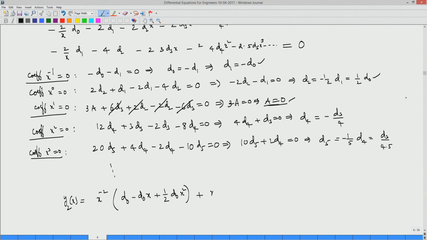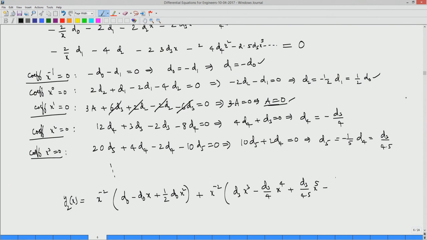The remaining are d3, which I could not find, x cube, and d4, which is minus d3 by 4, x power 4. What is d5? d5 is d3 by 4 5 x power 5, and so on.